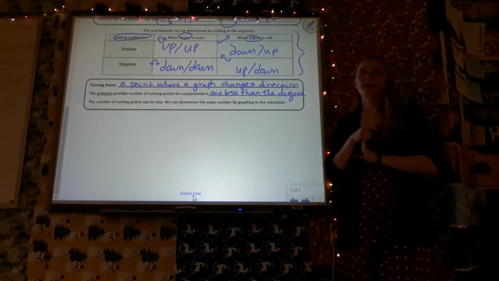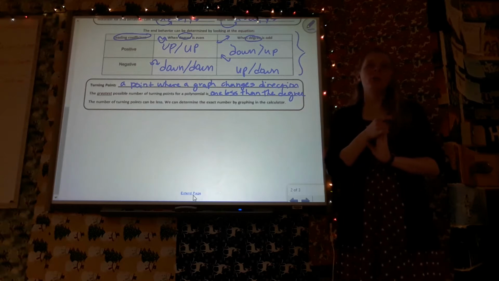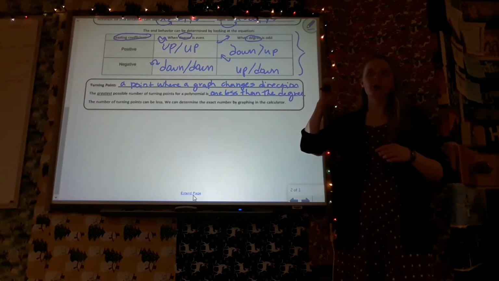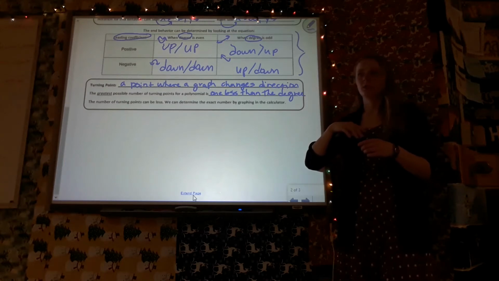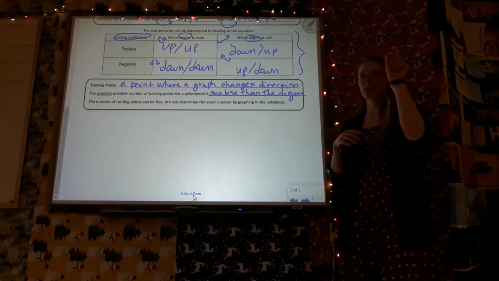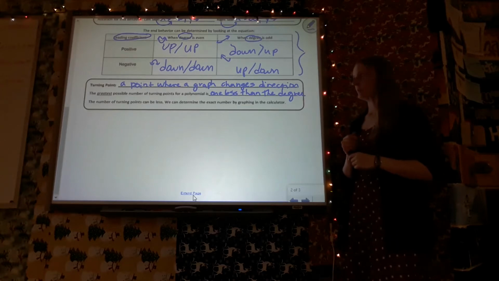So if I give you a polynomial function and I want to know the maximum number of turning points, you take the degree of the function and subtract 1. So if your polynomial's highest exponent is a 6, then it has 5 possible turning points.